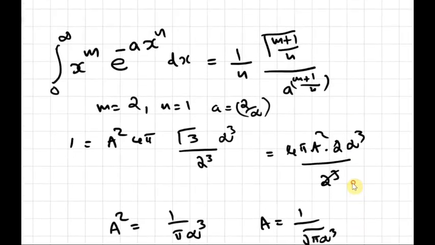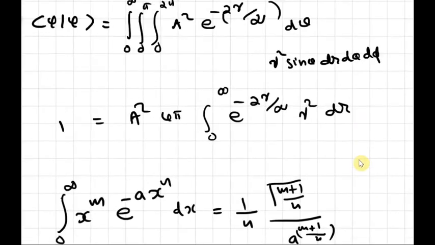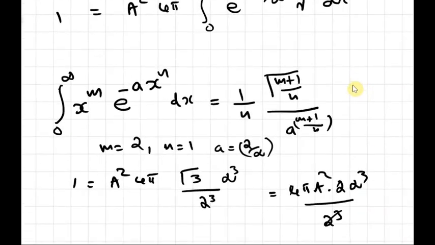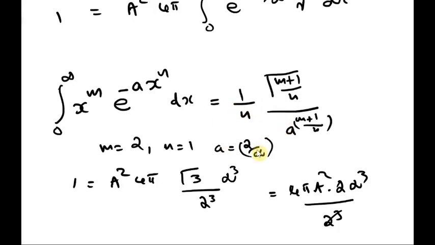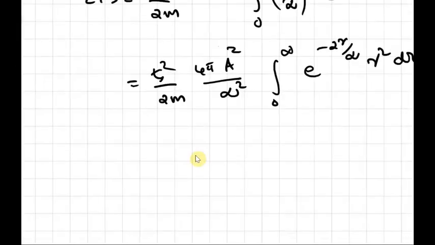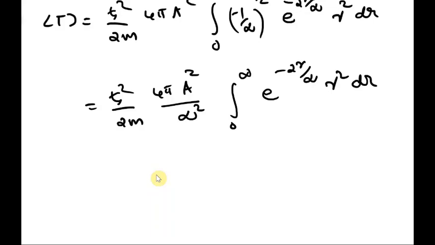So you will substitute here. You can take the value m equal to 2 in this case, n equal to 1, a equal to 2 by alpha. Whatever you are going to get is nothing but gamma 3 by 2 cube alpha cube. That is the integration of that.